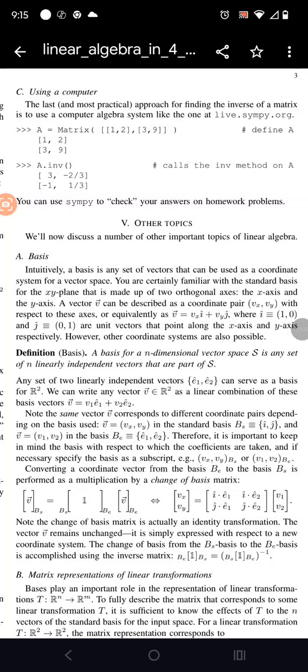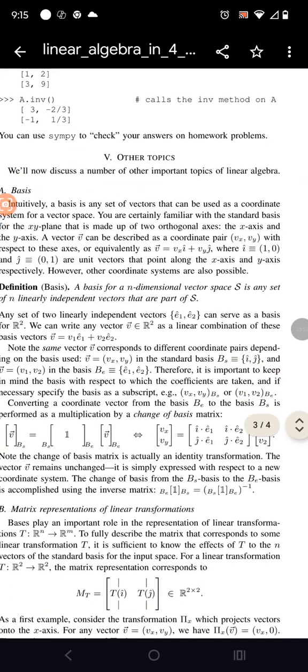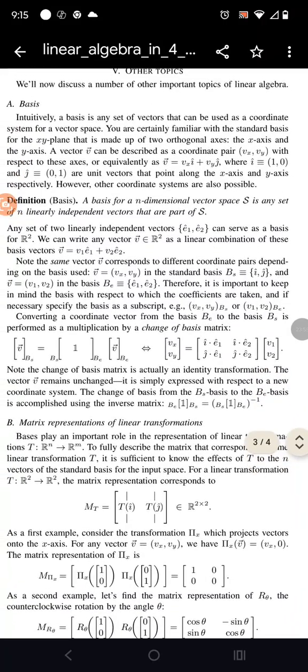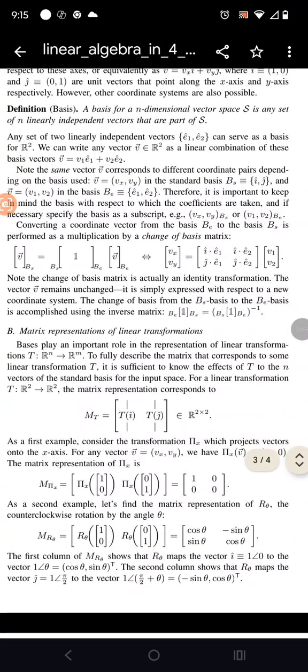It is actually an identity transformation. The vector remains unchanged. We are simply expressing it with respect to a new coordinate system. And the change back from the B' basis to the B basis is accomplished using the inverse matrix.